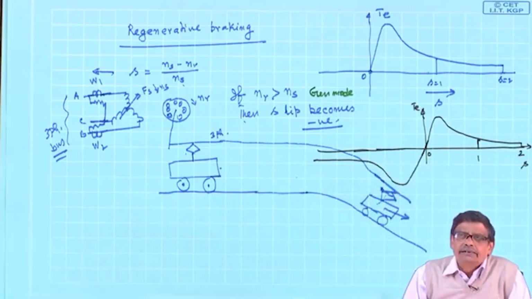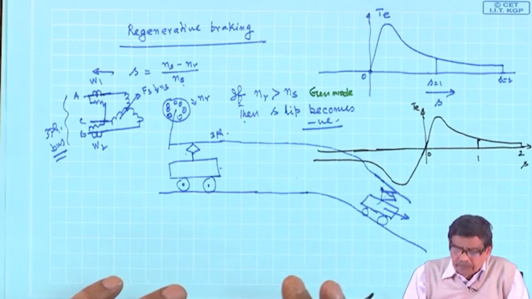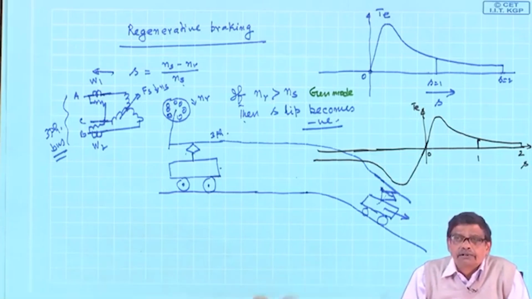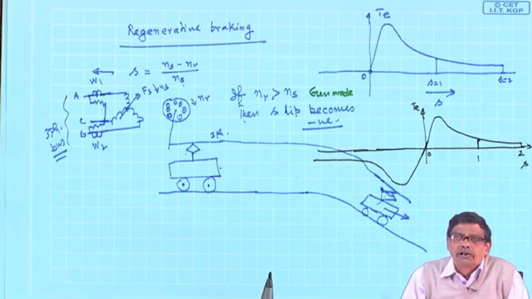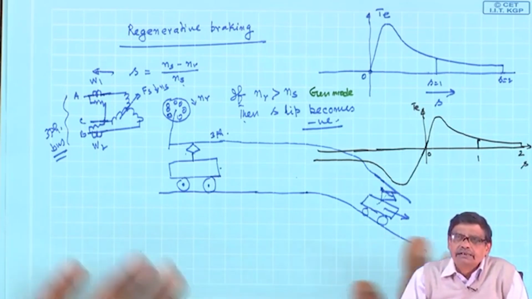See, the induction generator was not popular at one time. Nowadays, once again, interest is shown in the induction generator because of solar conversion of power to the AC system. Anyway, that is beyond the scope.